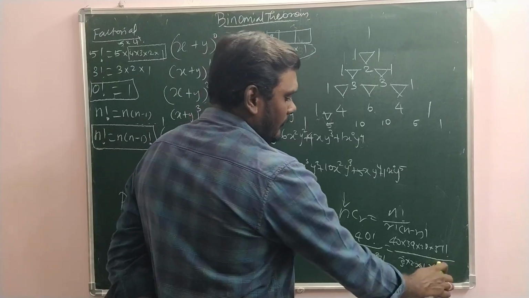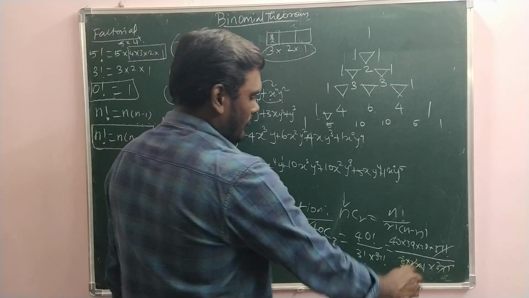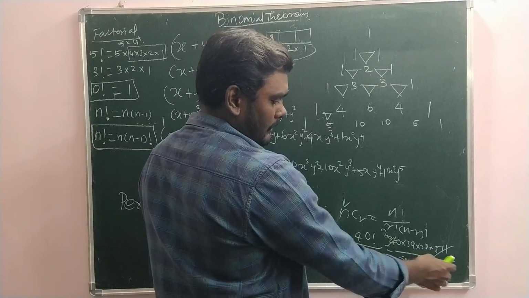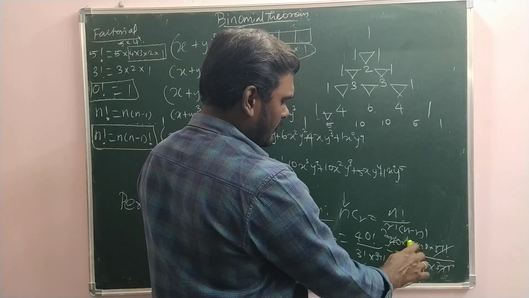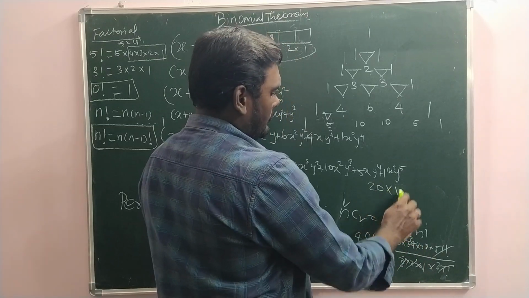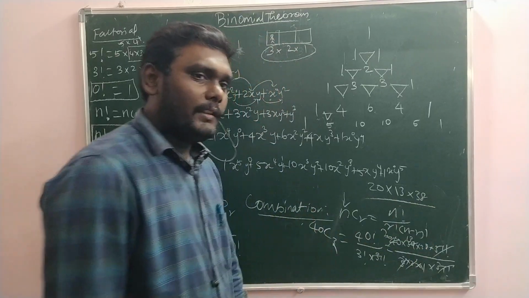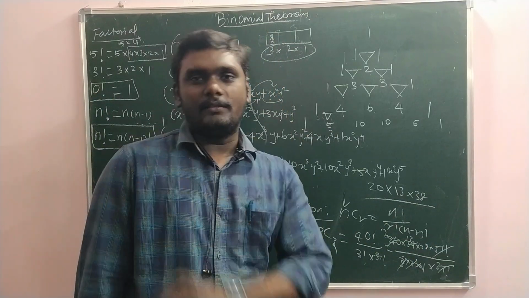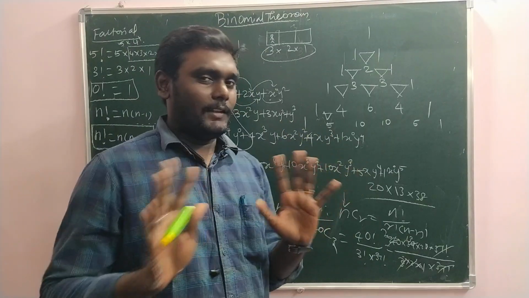And then 37 factorial will be cancelled. Now this can be simplified. 2 means here 20, 3 means 39 will get cancelled. So we'll get 20 into 13 into 38 possibilities of choosing 3 persons from your class. But we are not going to see those things.